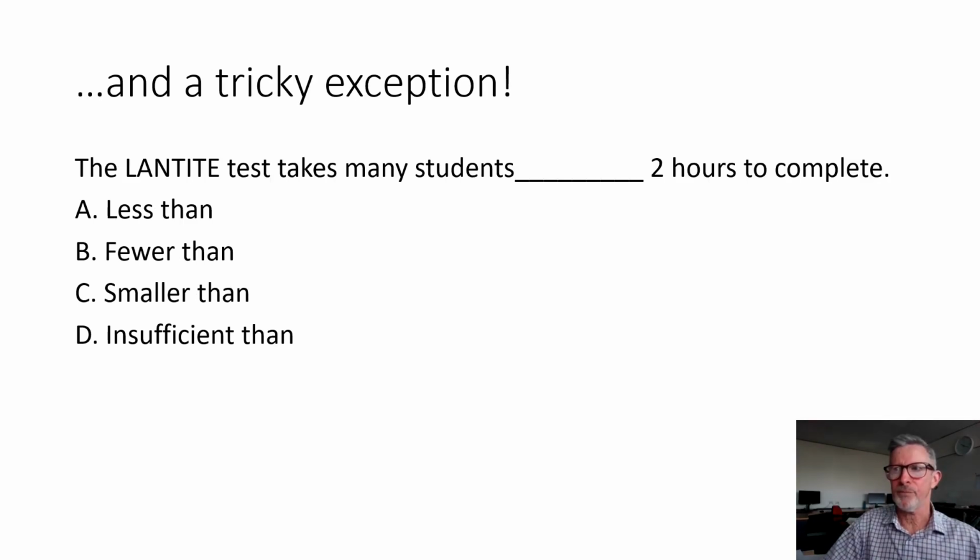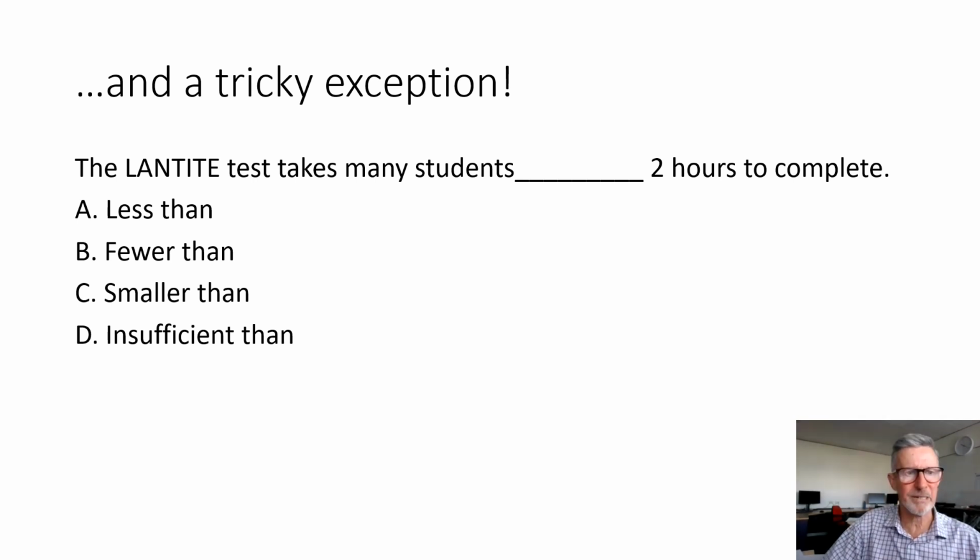Okay, if we have something tricky like this, I will be very, very surprised. LANTITE really is choosing grammar that is a problem for kids more than for teachers, I think. So they're really trying to guide you down a certain path. But for example, this is a tricky one. 2 hours.